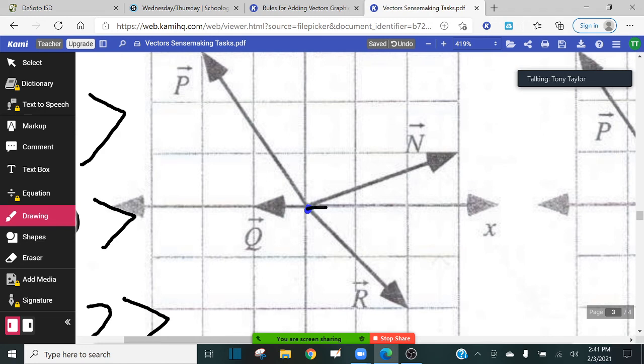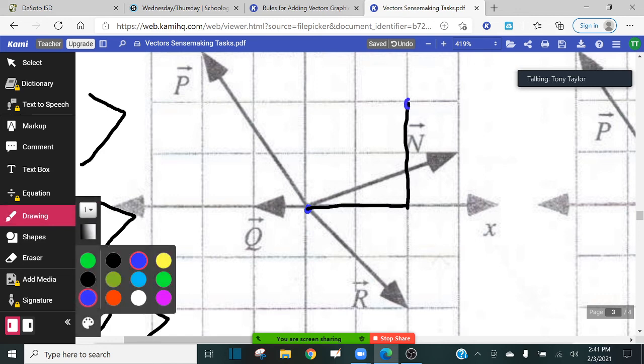So you're going to go 2 units to the right, and then you're going to go 2 units up. So it should be obvious here that this is our ending point. This is our starting point, this is our ending point.